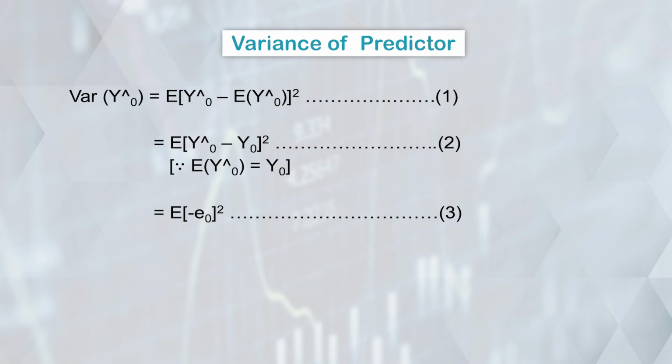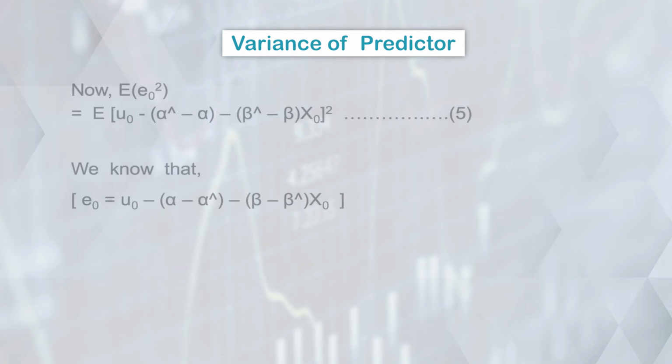But since it's in square form, the minus is eliminated, and we get the expectation of E0 square as the final expression of step number 4. So in this slide, we can see that the variance of y0 hat boils down to the expectation of E0 whole square. As we go to the next slide, we repeat the expression of the expectation of E0 whole square, and we go to step number 5 from step number 4.